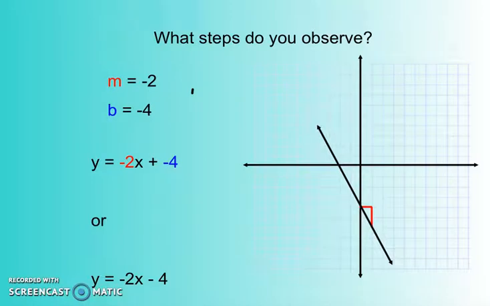Well, I notice that down here, the line crosses at -4, and I know that that is my y-intercept. That was kind of like the starting point. For the y-intercept, we use the variable b, and I like to think that the b stands for beginning. That's where our beginning starts in order for us to plot a point. We start at -4. And then where did this staircase come from?